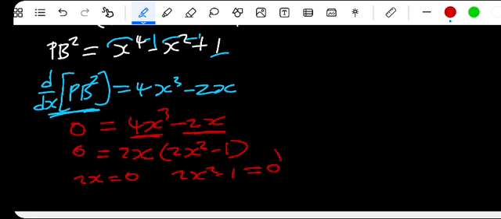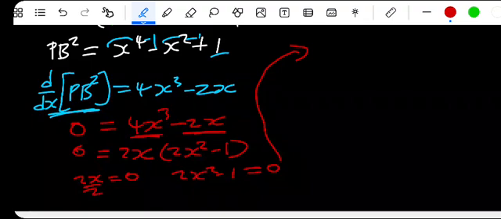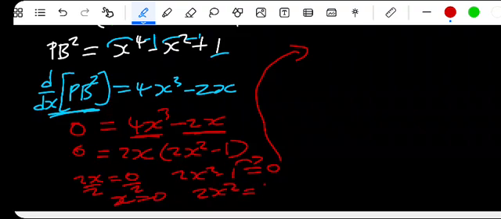Let me write here on the top again. That is simple algebra. When you divide here by 2, obviously x will be 0. Then here you transpose that, you'll have x squared is equal to positive, and you divide both sides by 2. This and this will cancel.